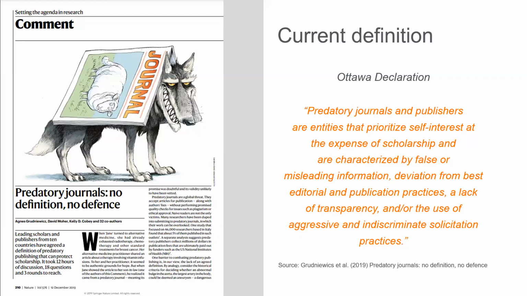So research is still ongoing, but the most recent academic definition of predatory journals was published in November 2019 in Nature.